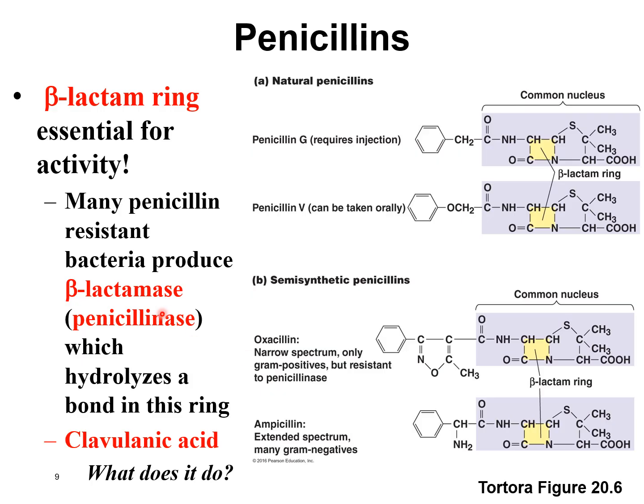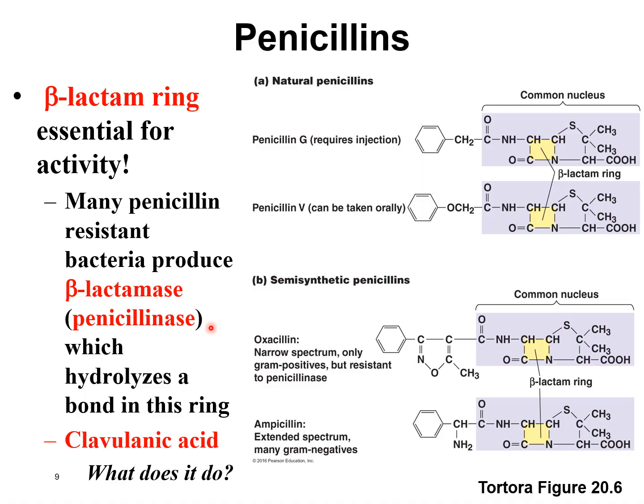Okay, so some of the bacteria are resistant to the penicillin antibiotics, and how they do that is they produce an enzyme called beta-lactamase, which, if you remember, we talked about when we talked about the CRE bacteria. Another name for beta-lactamase is penicillinase, so sometimes you'll see it called that as well.